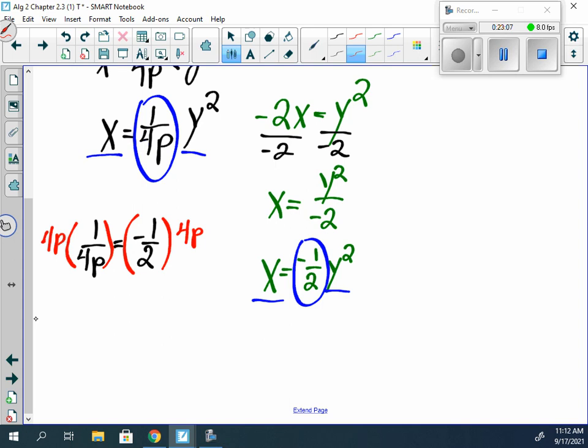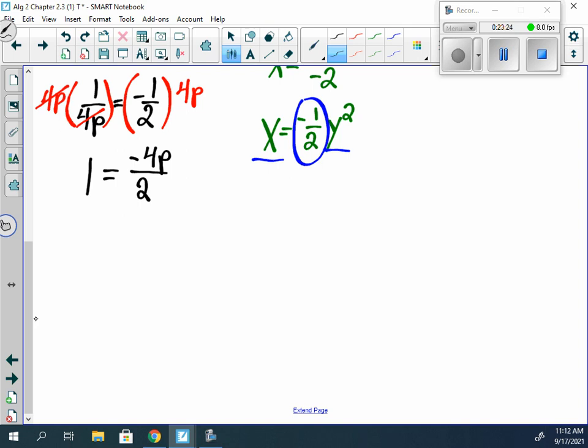Now 4p times 1 over 4p, the 4p and 4p will cancel out, leaving us with just 1, is equal to negative 4p divided by 2. What is negative 4p divided by 2? Negative 2p.